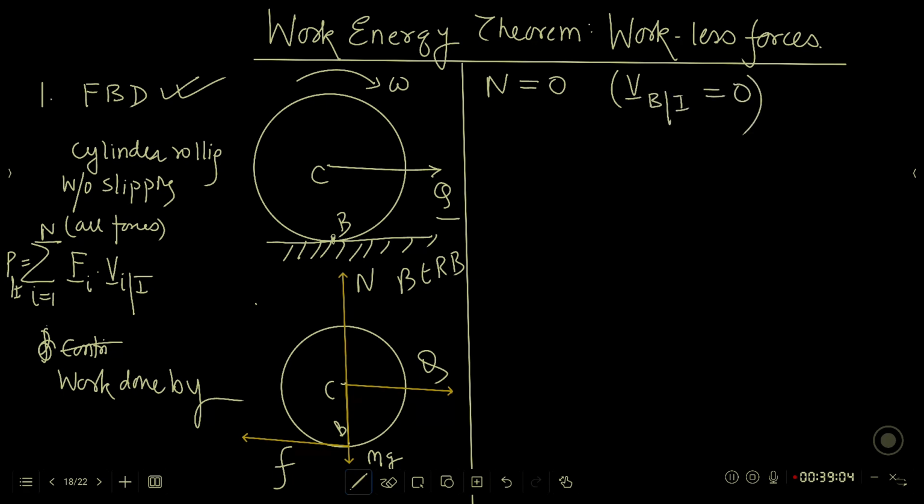This is the I frame. Sorry, N is not zero. N is not zero, but the N vector dotted with V_BI will be zero. N is a workless force.